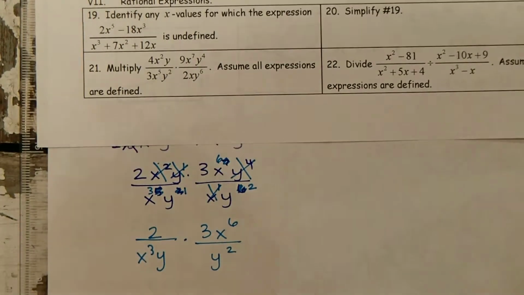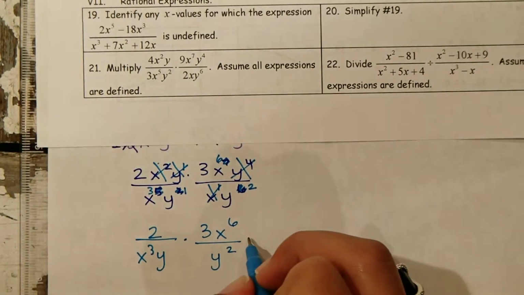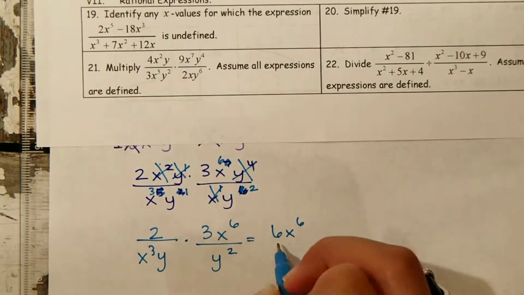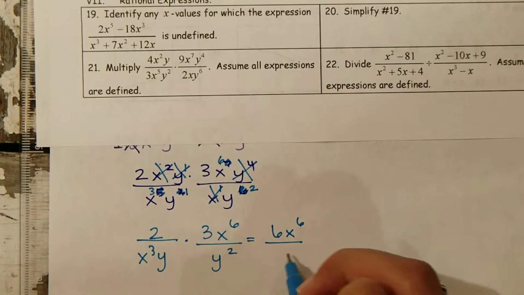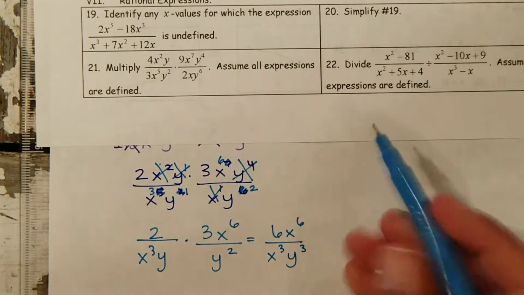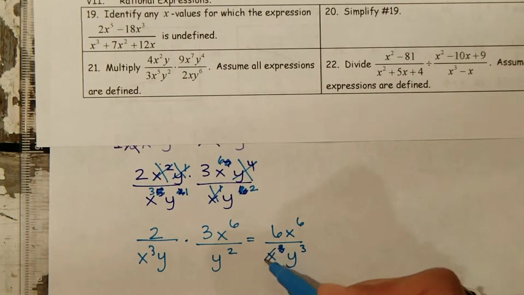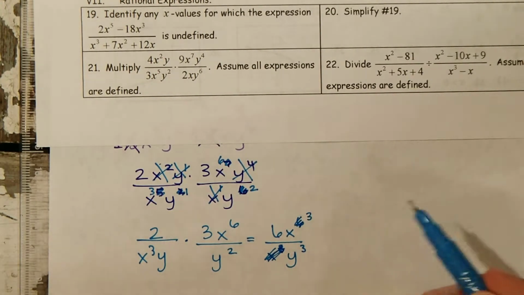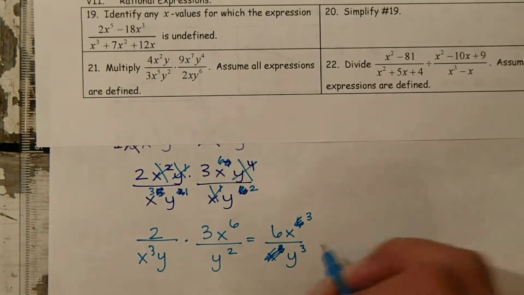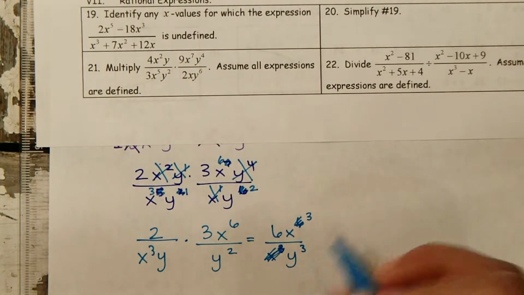Now let's get this into one term. So we'll have 6x to the 6th over x cubed y cubed. Now we can reduce this: take away 3 here, take away 3 here, and we will end up with 6x cubed over y cubed.